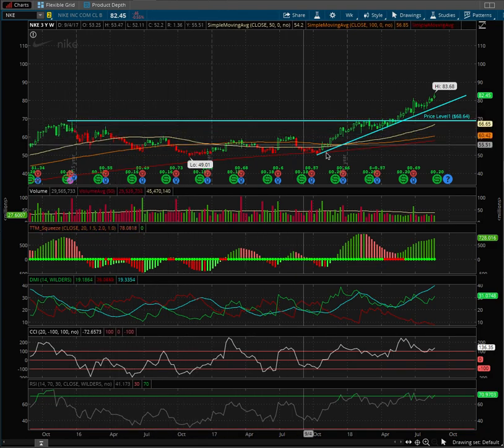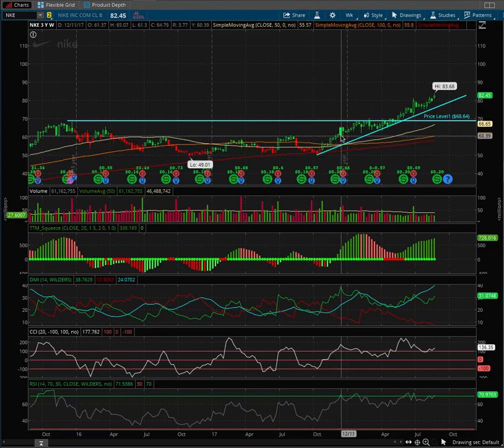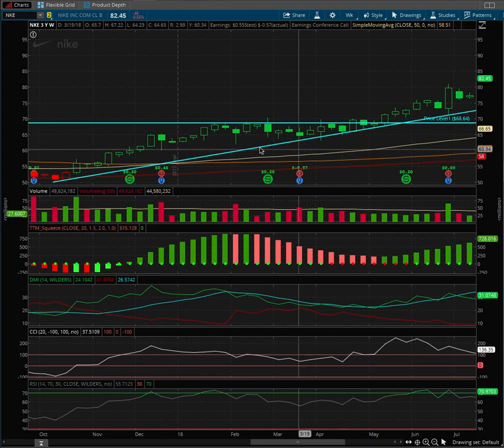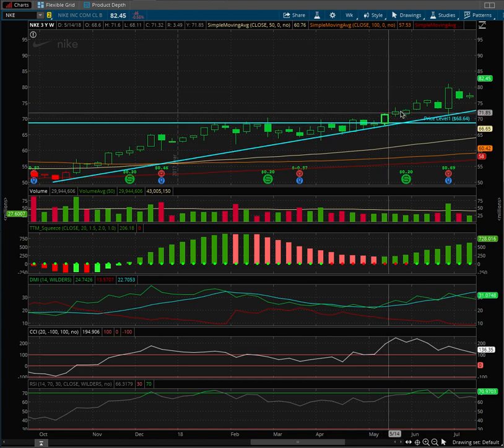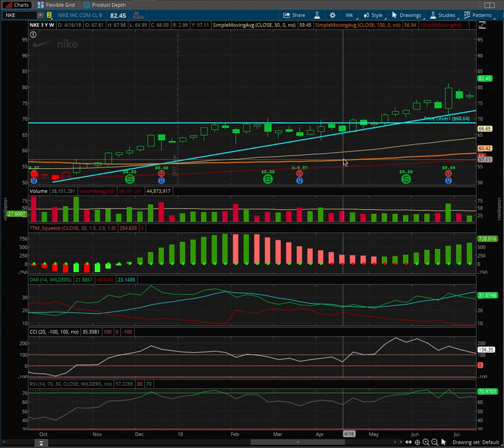But then when this trend broke and it started coming up again, we knew we were going to catch this resistance again, and we caught it really well and formed this wedge and then broke out of that and then continued to rally.